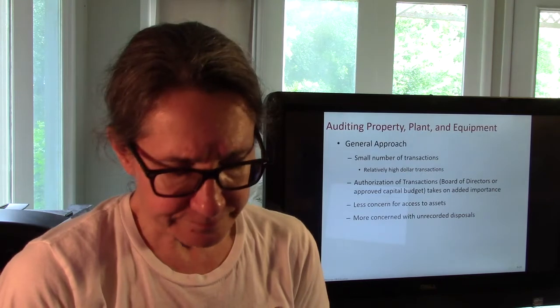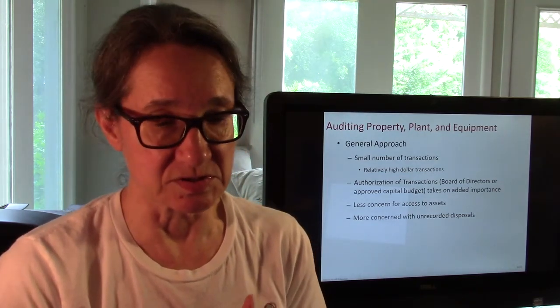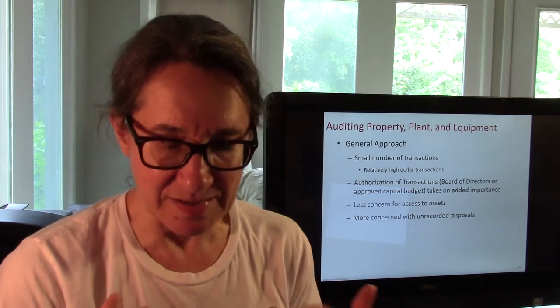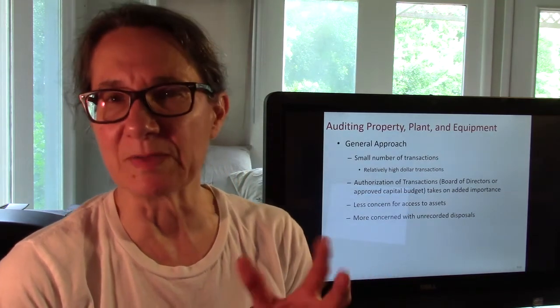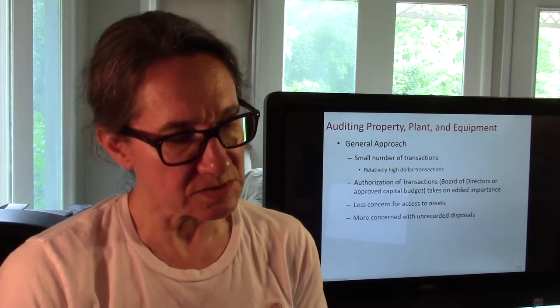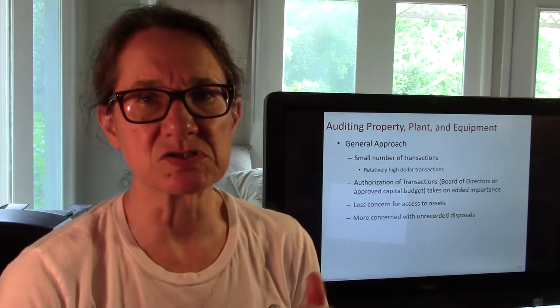So, in any given year, remember we're talking about expenditures and purchases, there's not that many things that are going to be added or sold out of inventory, or disposed of. So there's not a lot of changes going on with it. So in some ways it's easier. You've got a few high dollar things.